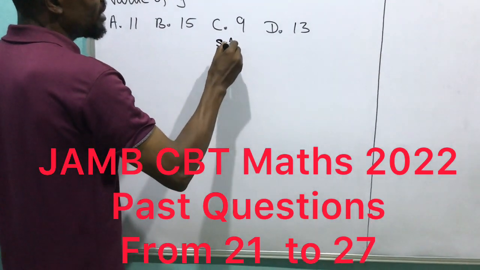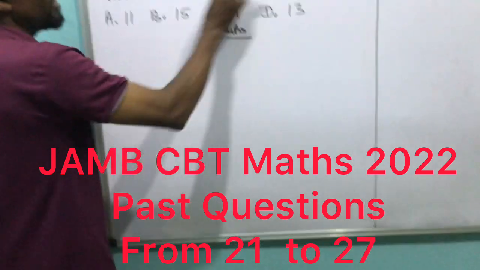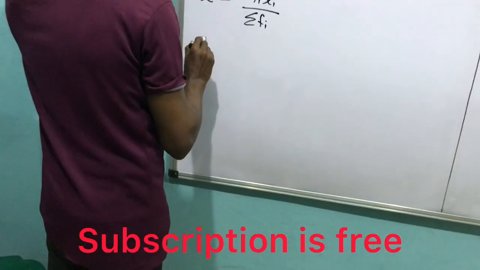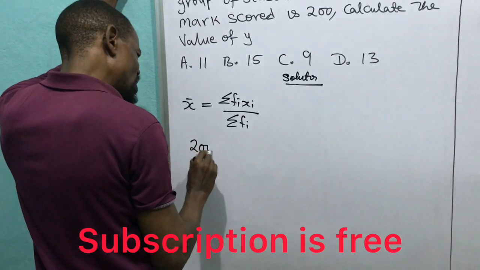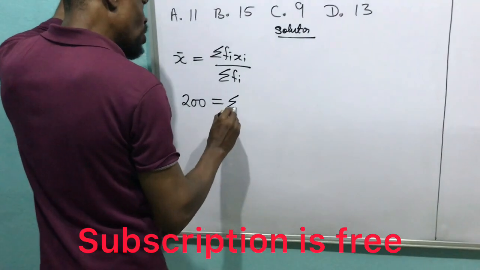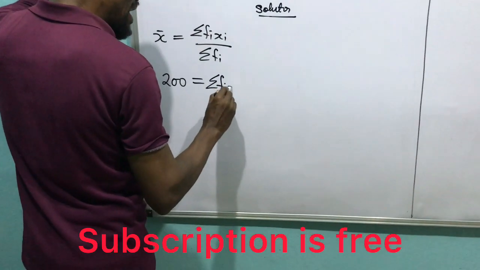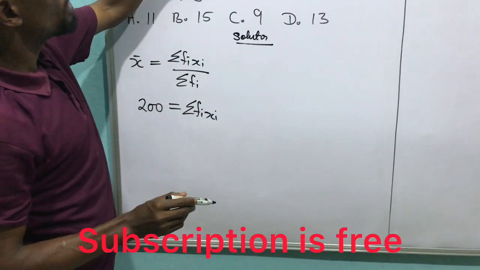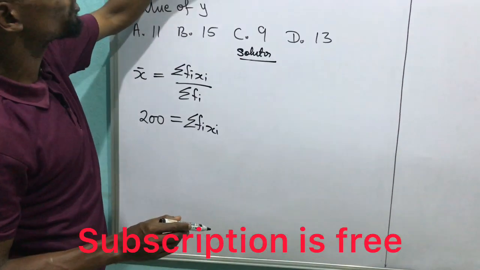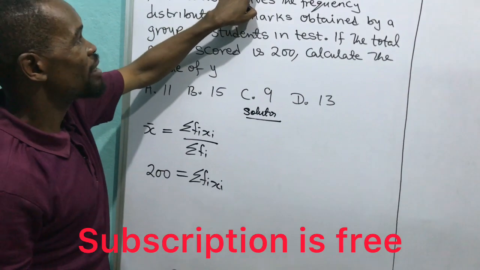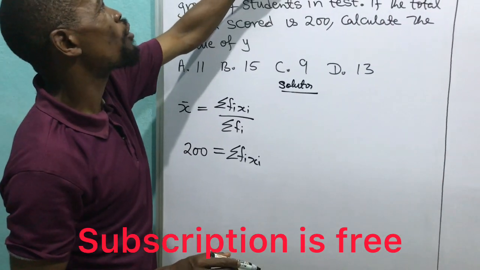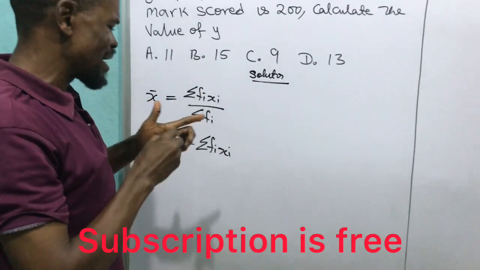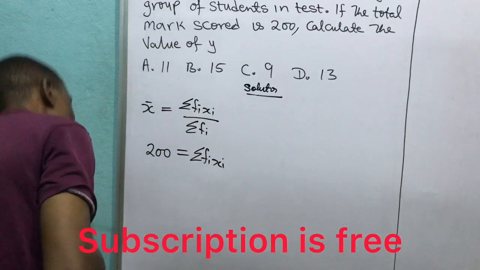And what does it mean? It means that the total mark score, which is 200, is equal to the summation of fi times xi, which means the total marks equals what each person got. 5 people scored 3 marks, y minus 1 scored 4 marks, and when you multiply them, it gives you the number of marks.